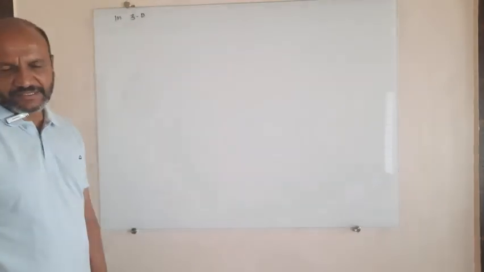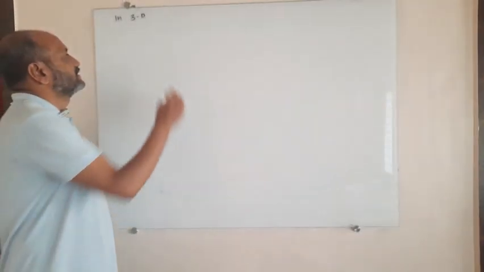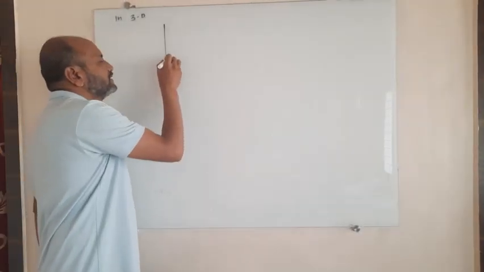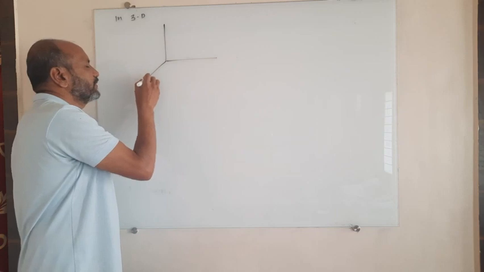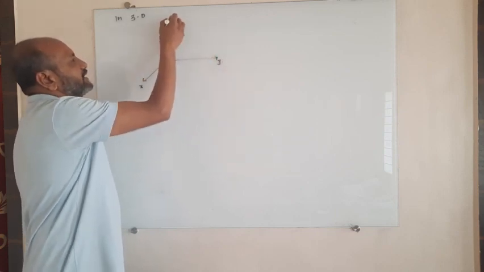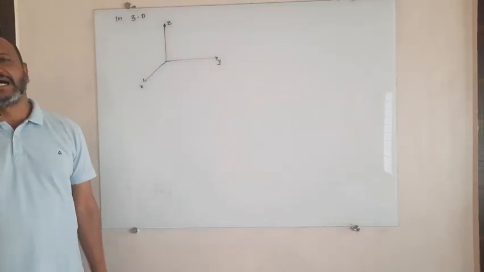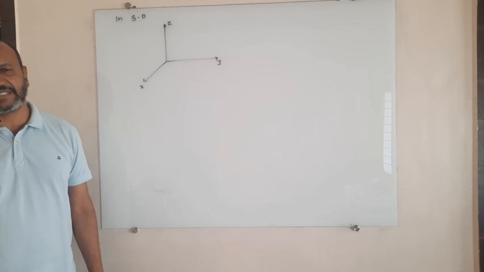How do you represent unit vectors in 3D? They are called the rectangular unit vectors. Consider in 3D there are 3 mutually perpendicular axes x, y and z.